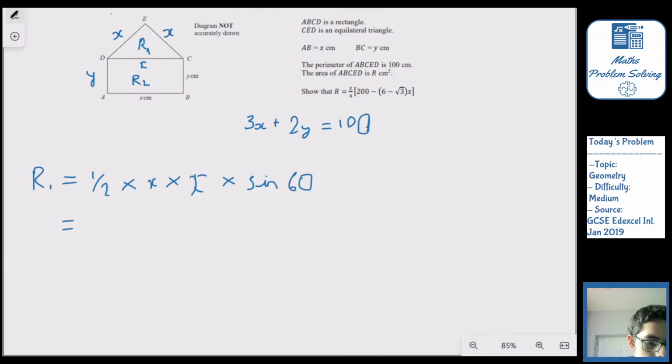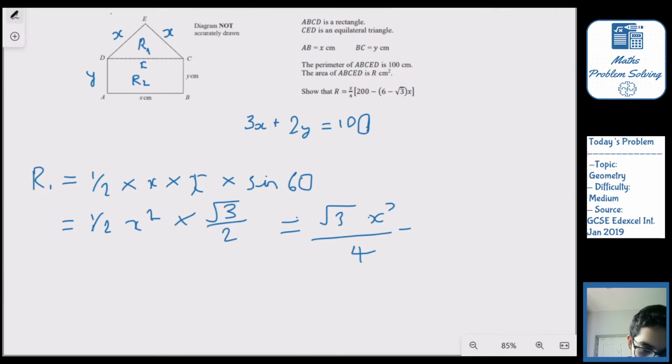So a half x squared times root 3 divided by 2, which is the value for sine 60, is the area. And we can write this a bit more simply as root 3 x squared all divided by 4.